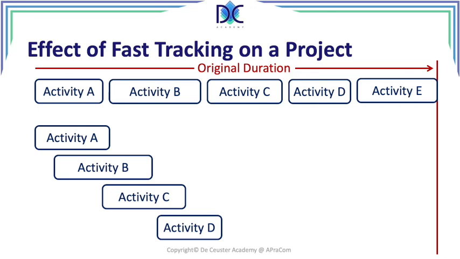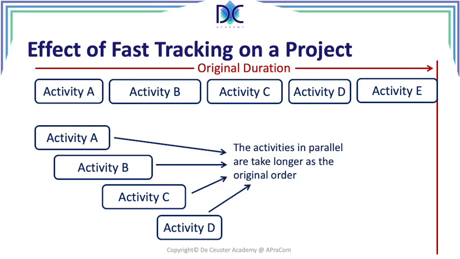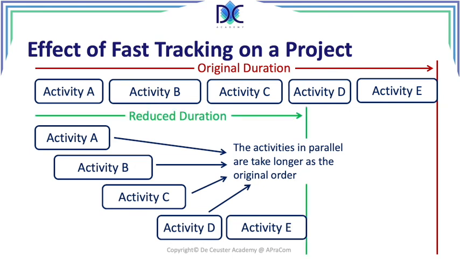I made them a little bit longer to include the effect of the fact that they may interfere with each other. Then we have activity E, which starts after activity D. We see that the project is completed faster. So we have a reduced duration, and this is basically the time we saved by fast tracking these activities.